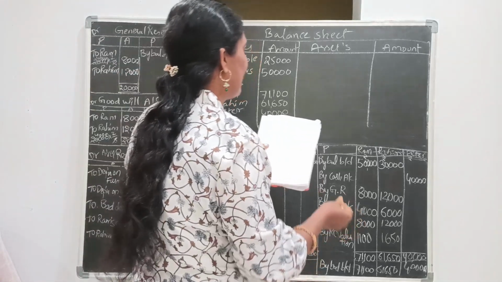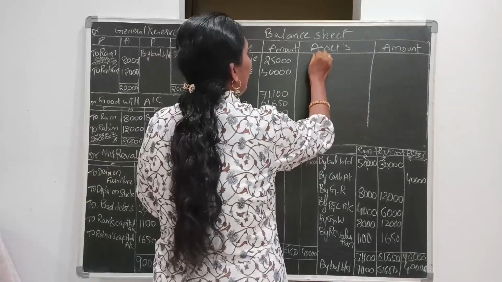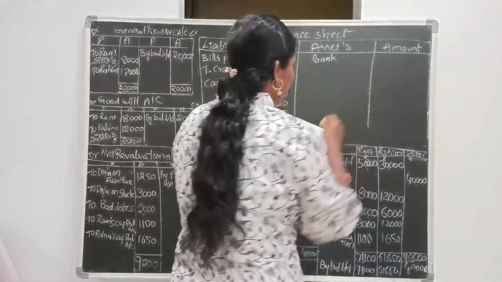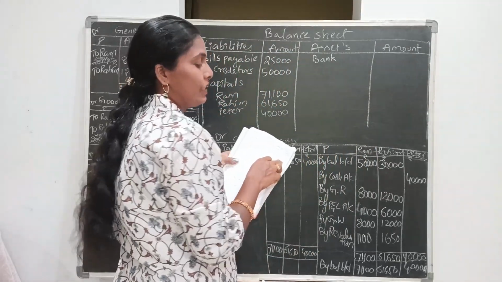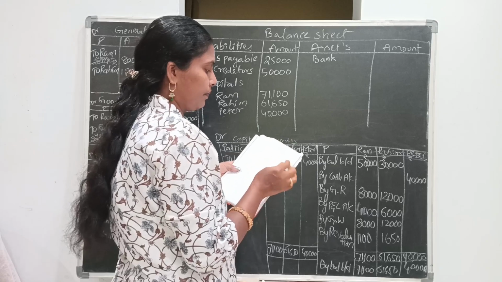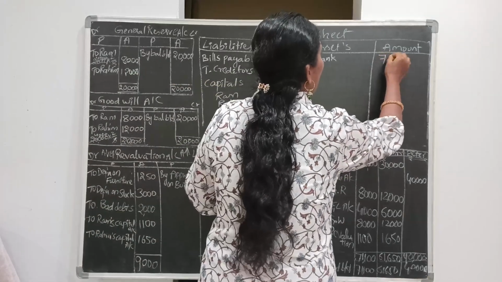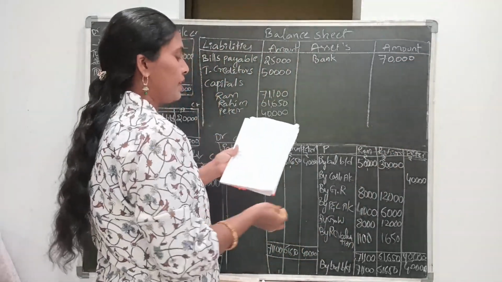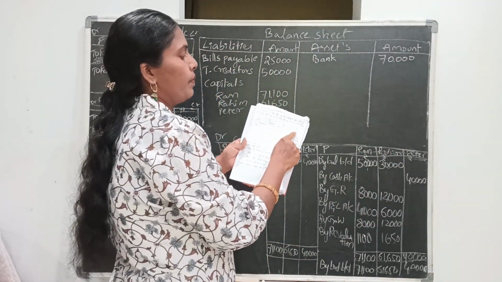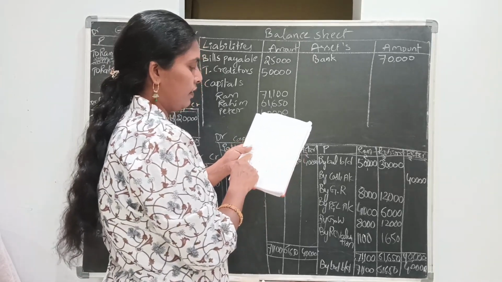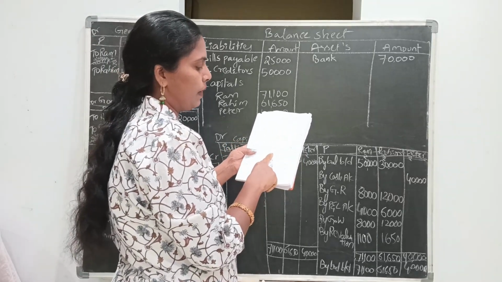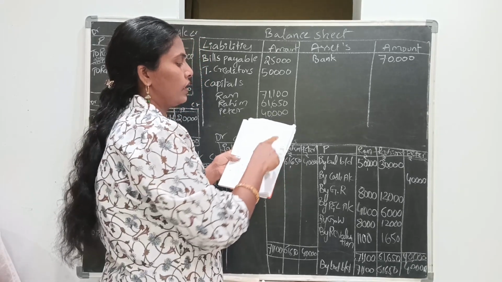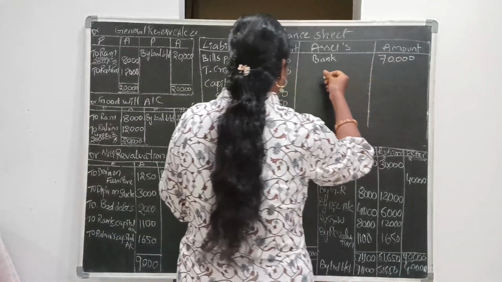Now coming to the asset side, first one is bank. Write down bank. So bank is 10,000, but we need to write the adjusted amount. 70,000 is the balance amount. Simple: previous balance is 10,000 and capital brought by the new partner 40,000 and goodwill 20, 40, 20, 60 and this 10 is 70,000.